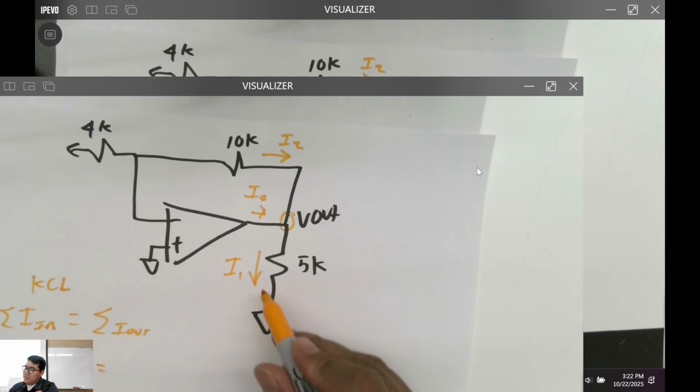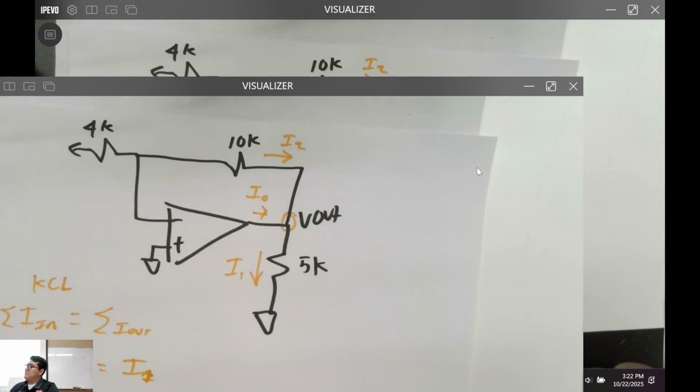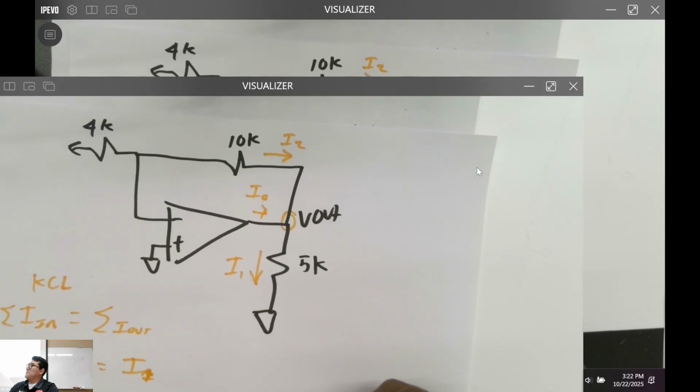Which is equal to what's coming out, I1. So I0 is what we want: I1 minus I2. Which is equal to, what's I1 in terms of V out and 5K?